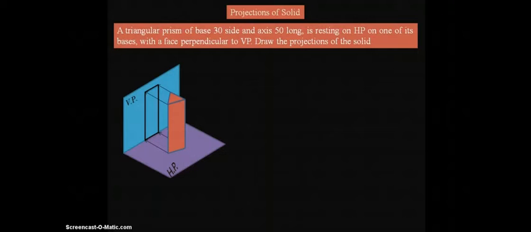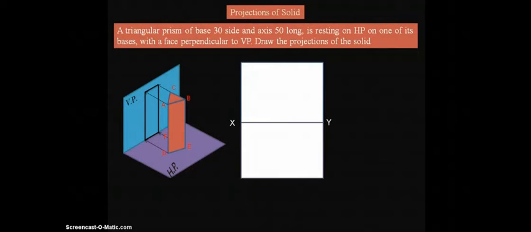Here we cannot show the bottom base in the top view, because it is totally resting on the horizontal plane. So I'm giving the names ABC to the top base and DEF to the bottom base. I've given the names for the three corners of the bases.